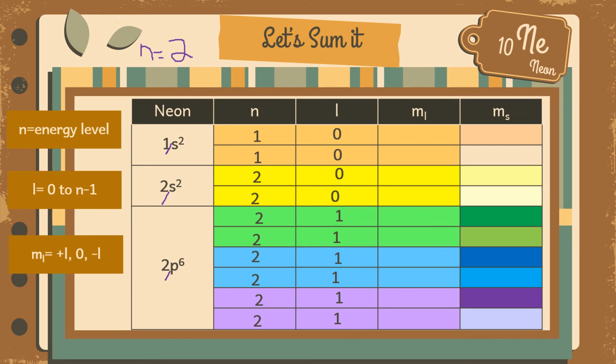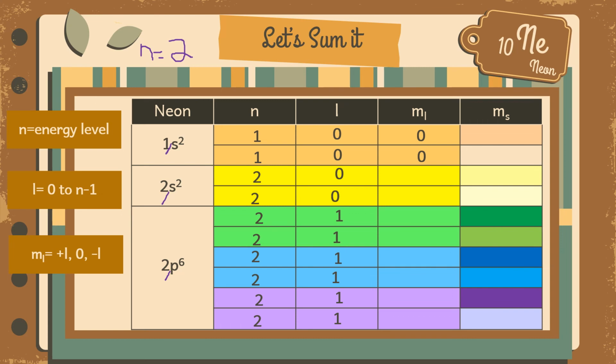The next quantum number is the magnetic quantum number. It consists of the positive angular momentum quantum number, 0, and the negative angular momentum quantum number. So in this case, for energy level 1, because we have only 0, the magnetic quantum number is 0.